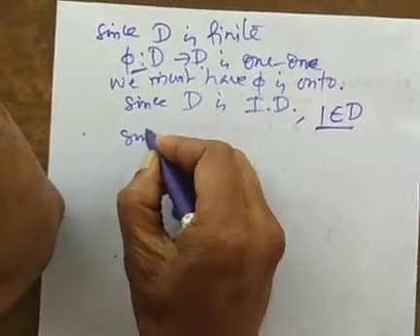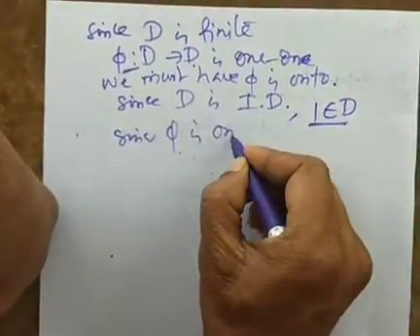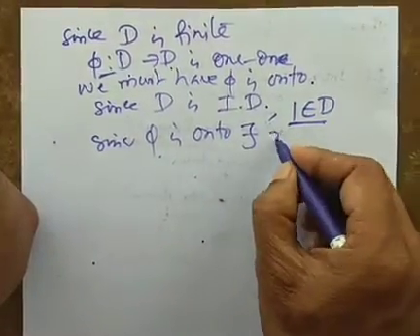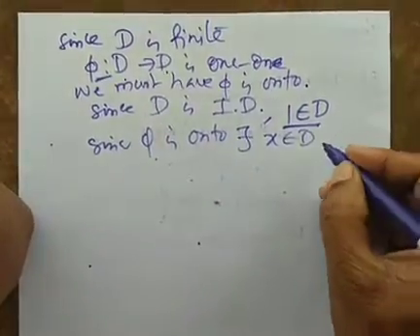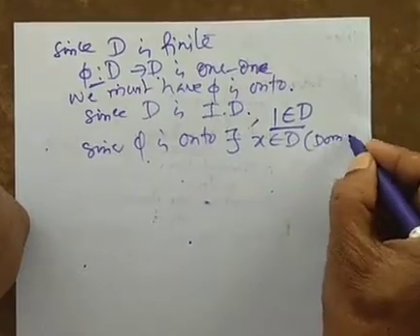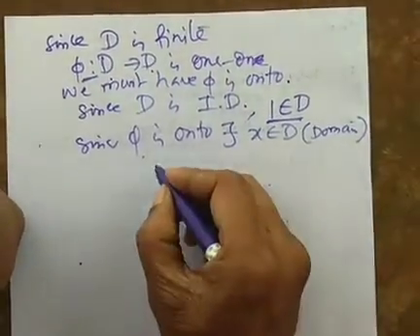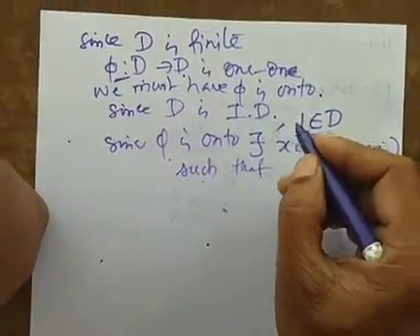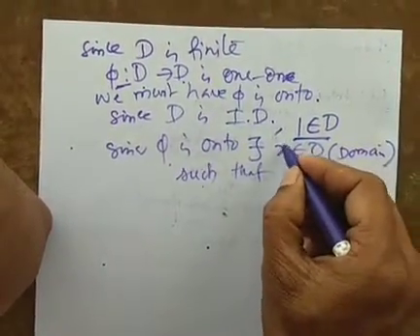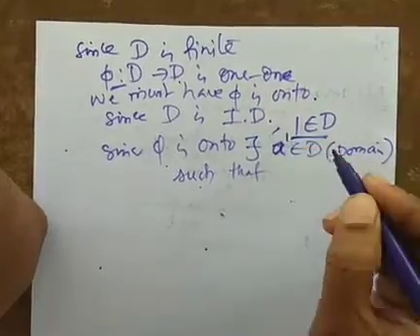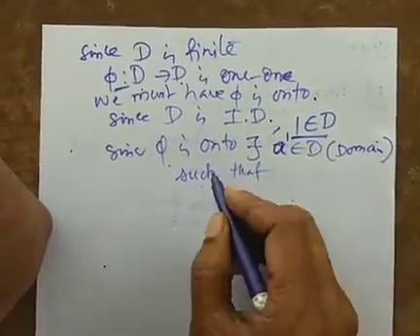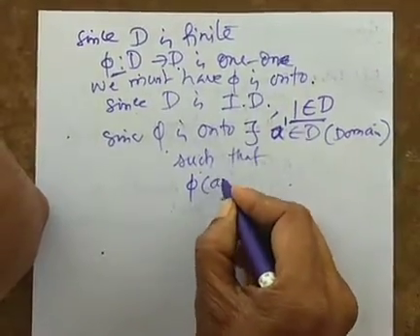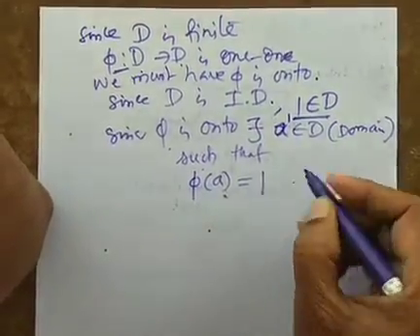Since pi is onto, there must be an element a dash belonging to D such that pi of a dash = 1.